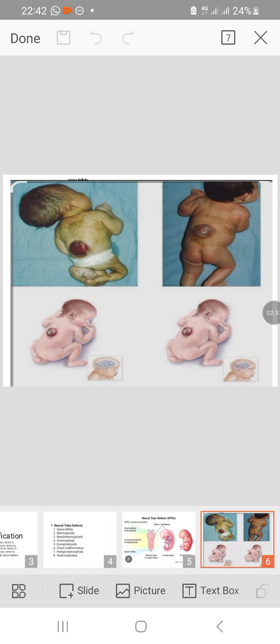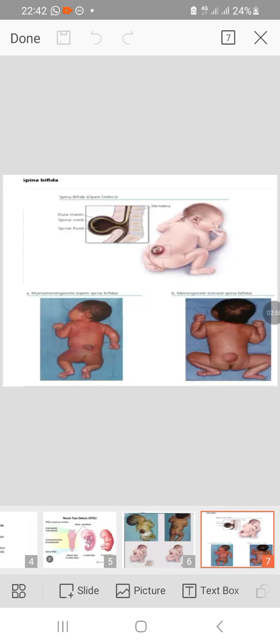For example, it may occur in the cervical region, lumbar region, or sacral region. In the first diagram here, it is in the lumbar region. For the second one, it seems to be in the sacral region. But you look at the second one, it's closed, right?